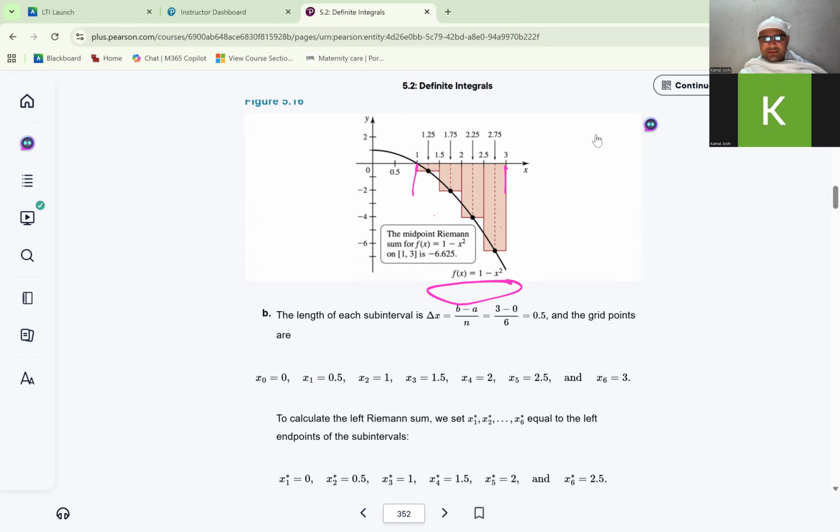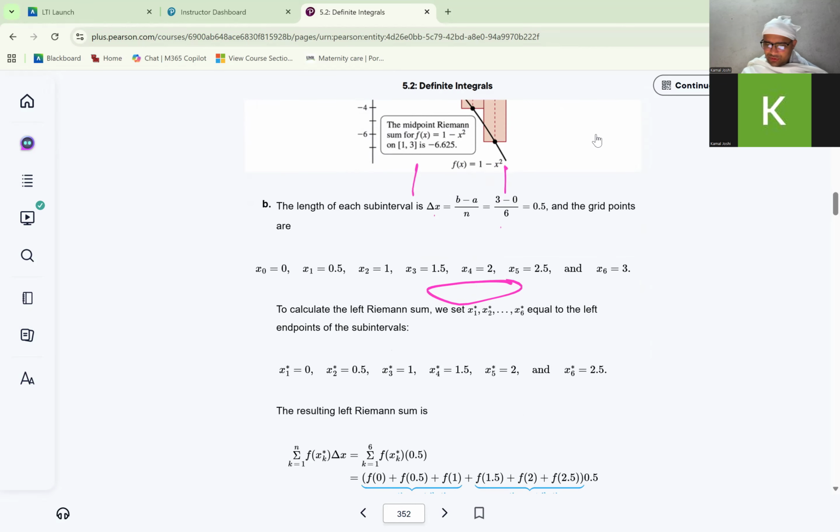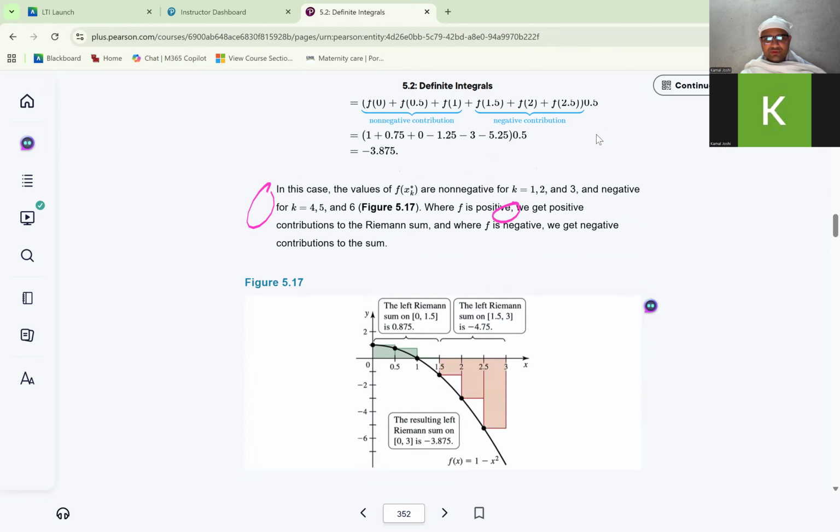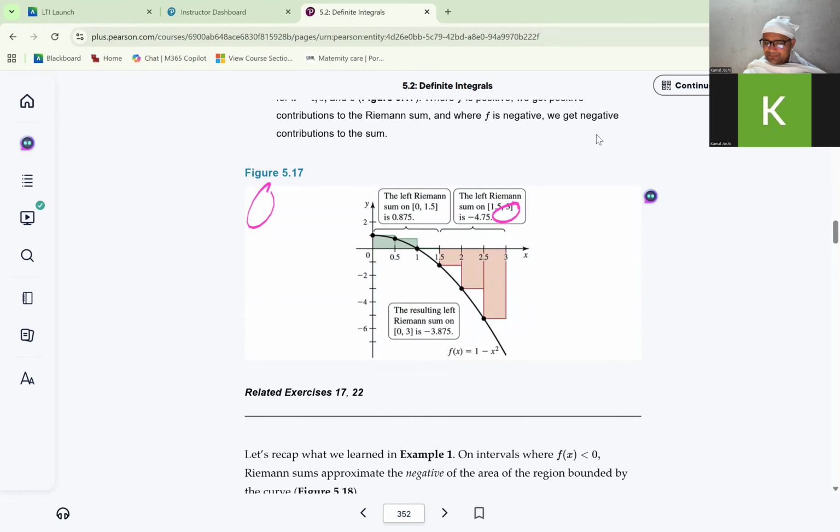Now if your interval is from 0 to 3, in the second case in B, and you're using 6 subintervals, then your diagram would look like this. Now pay attention to this diagram. This part of the area that you are trying to compute is above and this part is below.